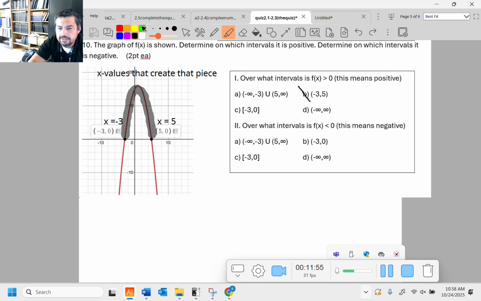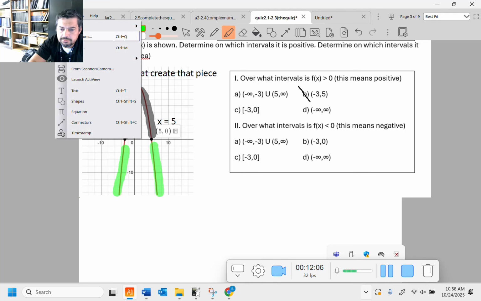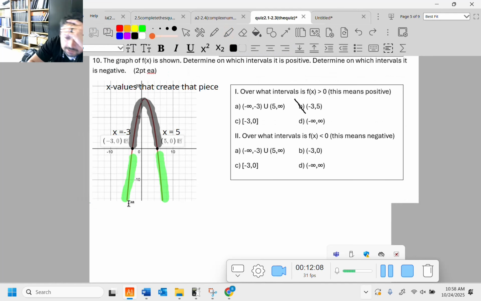Now, the negativity, which is the next question, over what intervals is f of x less than 0, which means negative, is going to be these guys right here. And I know this is hard for some kids. But this piece right here is drawn for all x values running left forever. And we call that negative infinity.